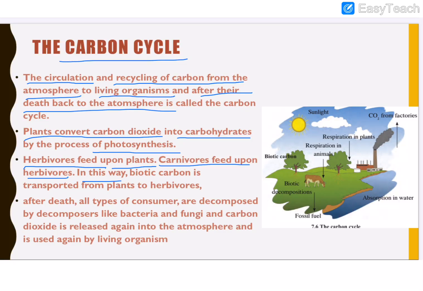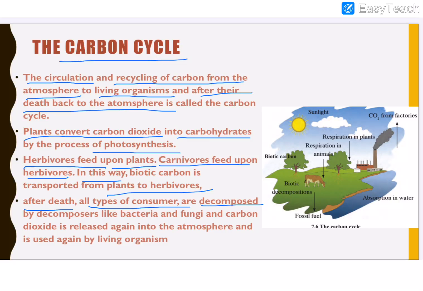So the carbon travels from plants to herbivores to carnivores. In this way biotic carbon is transferred from plants to herbivores to carnivores, and cyclically the carbon is circulating.